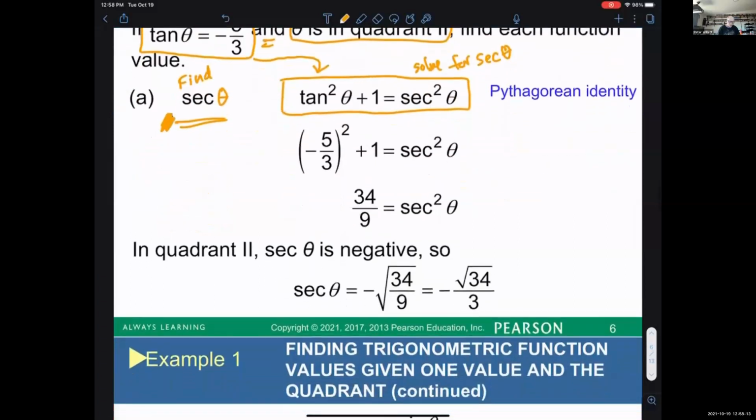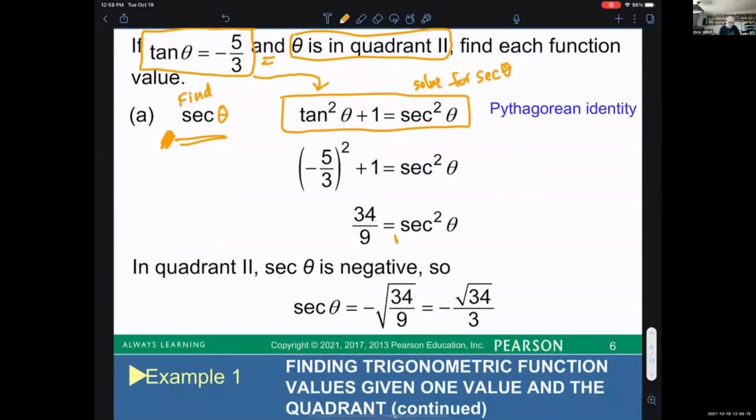So then to solve that, you would square root both sides, because you're trying to solve for secant theta. That's our goal. And it's squared, so we need to get rid of the square. So I square root both sides. And when you square root both sides, you need to do a plus or minus on the square root.